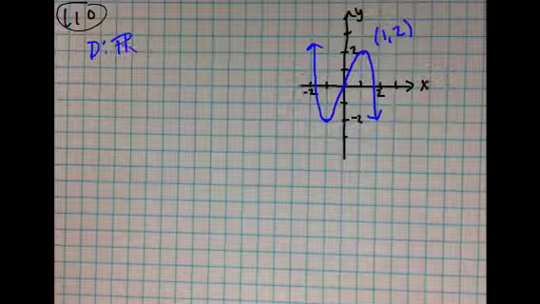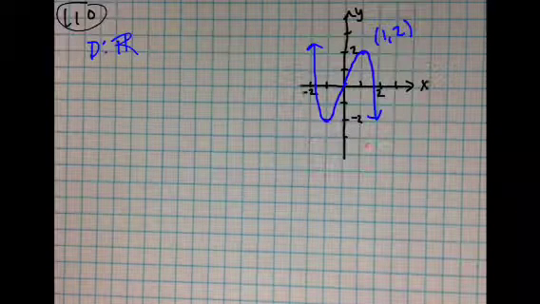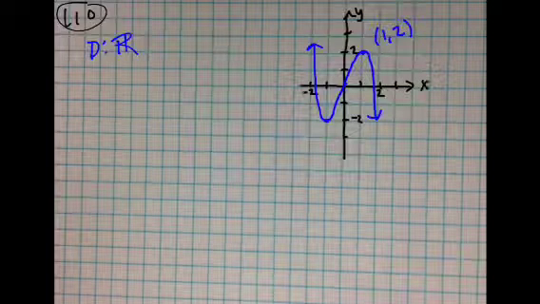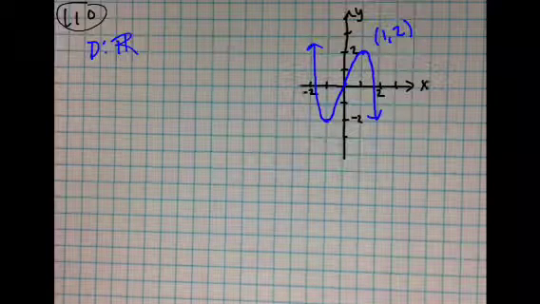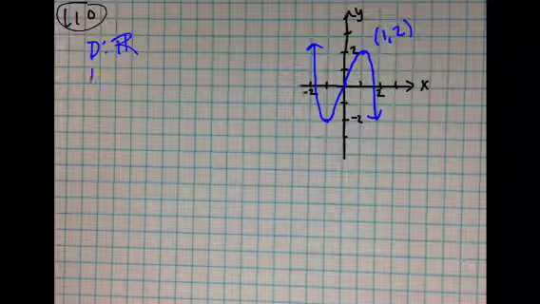So the domain would be all reals. Okay, the range, you go from the bottom to the top. Now you might say, oh, that's my lowest point, but remember, this arrow indicates that it goes on forever to the bottom, and this arrow indicates that it goes on to the top forever. Okay, so this one is also all reals for the range.